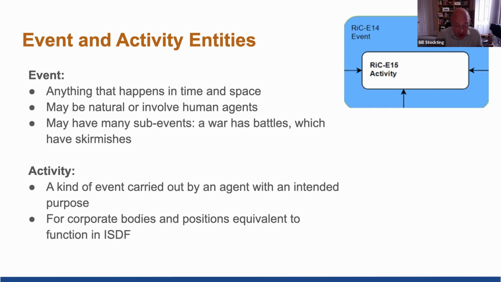Activity then is seen as a kind of event carried out by agents that has an intended purpose. In RiC-CM, the scope of activity of corporate bodies is the same as the traditional understanding of function, as seen, for example, in the current ICA standard for describing functions, ISDF. The name activity, though, is given to this entity, as while function is appropriate to describe corporate bodies, position and mechanisms, it is less appropriate for the activities of persons and families.